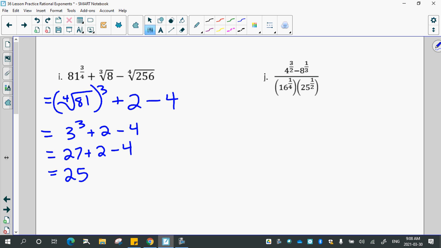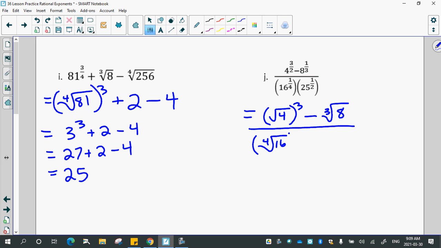All right, this one, it looks complicated, but it's not too bad. In the top, it's a subtraction. And I would just rewrite in root form, so square root of 4 cubed minus third root of 8 over fourth root of 16 times square root of 25.